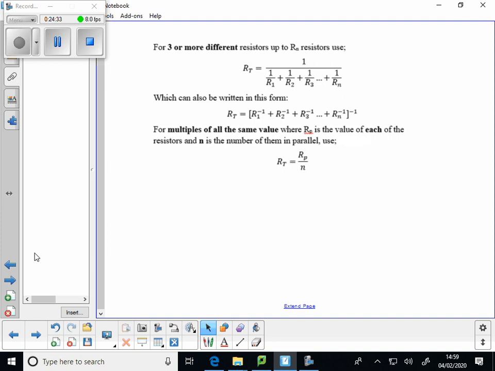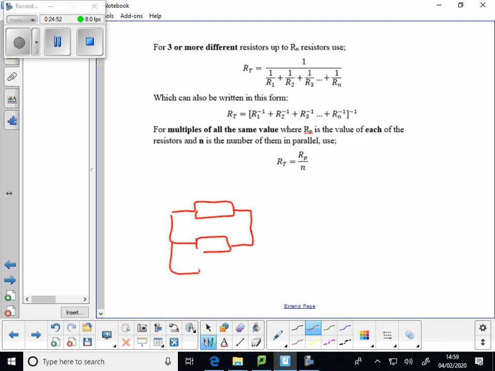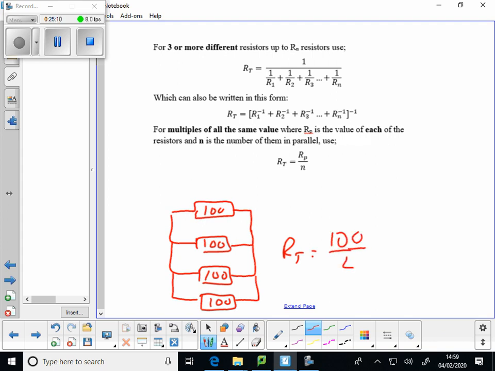And then lastly, if you get a parallel combination where all the resistors in that combination are exactly the same value, for instance, if you have four 100 ohm resistors in parallel, the total resistance is 100 over 4.